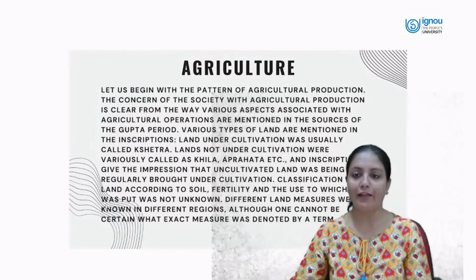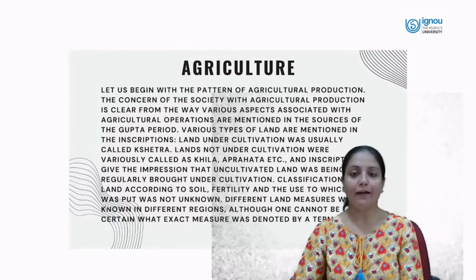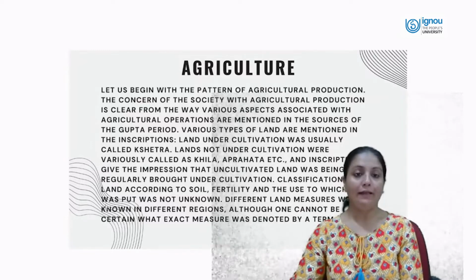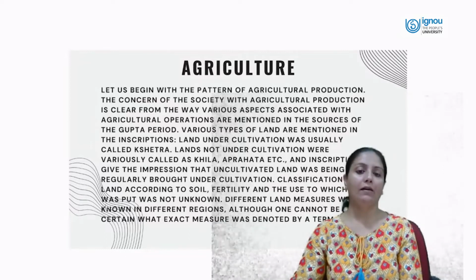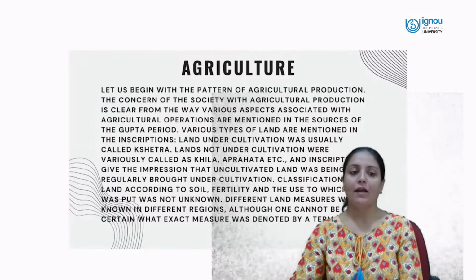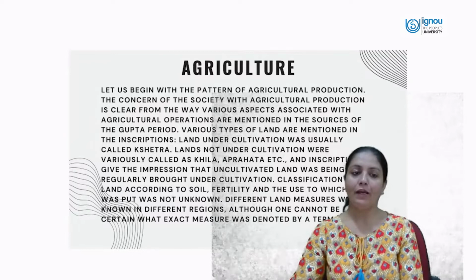Various types of land are mentioned in the inscriptions. Land under cultivation was usually called kshetra. Land not under cultivation was variously called khila, aprahata, etc. And inscriptions give the impression that uncultivated land was being regularly brought under cultivation.